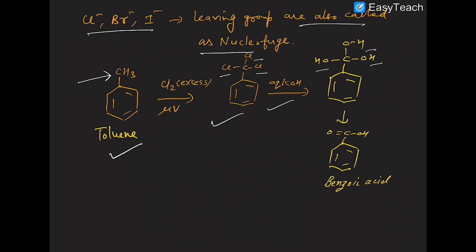Now, as I told you, if there are two OH groups on the same carbon atom, immediately they will lose water and transform into a carbonyl group, that is carbon double bond O. And if there are three hydroxy groups on the same carbon, they will transform into carboxylic acid immediately. Are you sure about that?